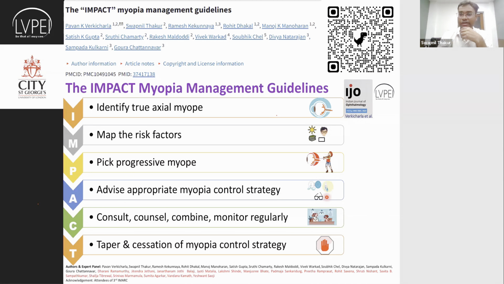So in that case, we want to give defocus lenses only to the individual who has relative peripheral hyperopia.